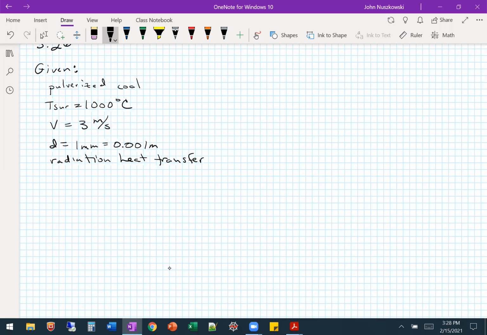It says the initial temperature is 25 degrees Celsius. And then at the end of this tube, the temperature is 600 degrees Celsius.